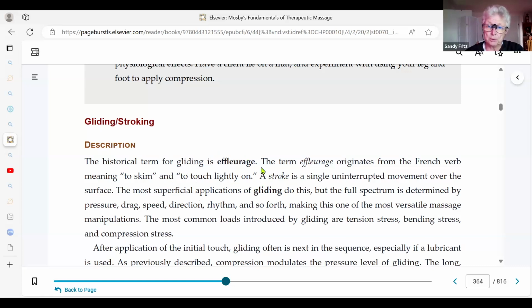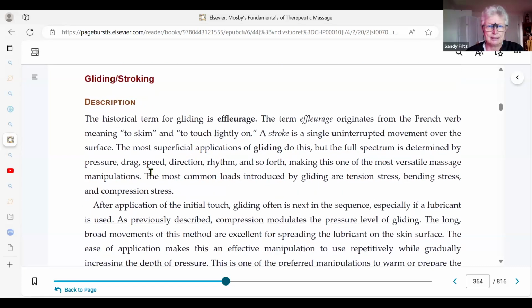So it's a French word that means to skim or to glide. And it's one of our most common methods, that and compression. And it typically will need a lubricant, whereas many of the others do not.